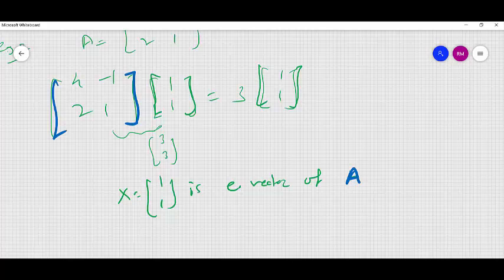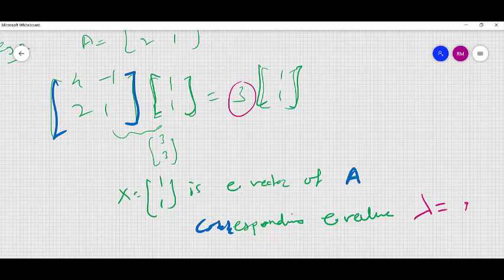And corresponding to eigenvalue lambda, here lambda equal to 3. So the question is just to find the eigenvalue and eigenvector for a given matrix.